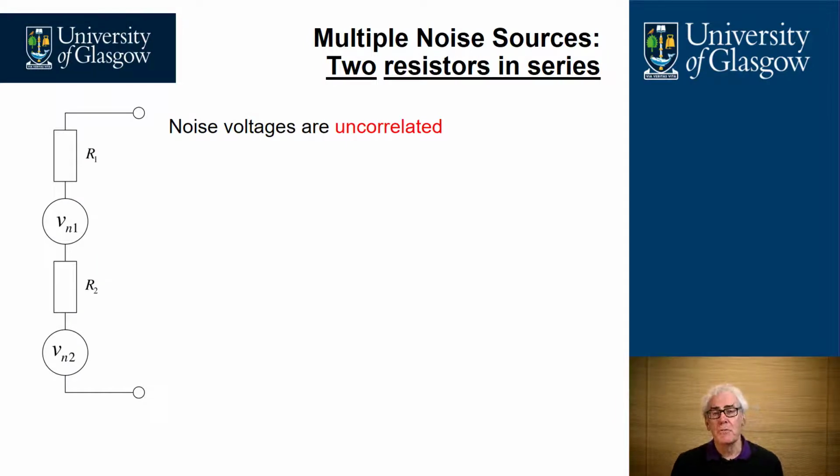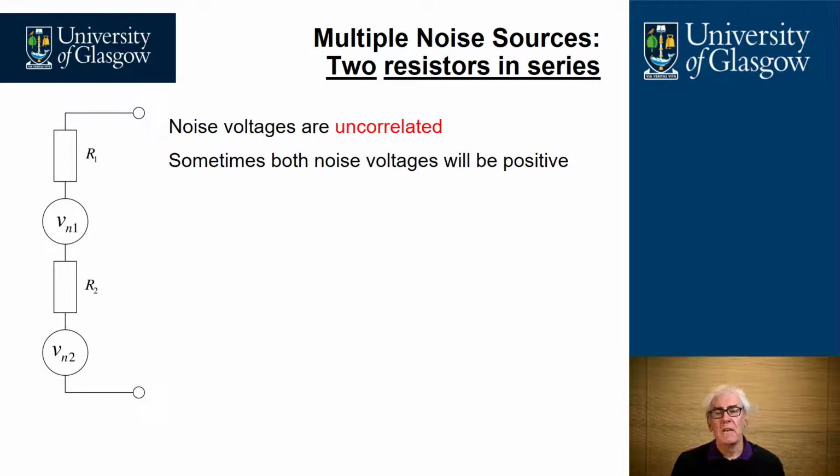Now let's look at two resistors. And first of all, let's consider two resistors connected in series. So here we have our two resistors, R1 and R2, and we have voltage source 1 and voltage source 2. How much noise do they generate? Well, we know from statistics that the noise voltages from both sources can sometimes be positive and sometimes be negative.